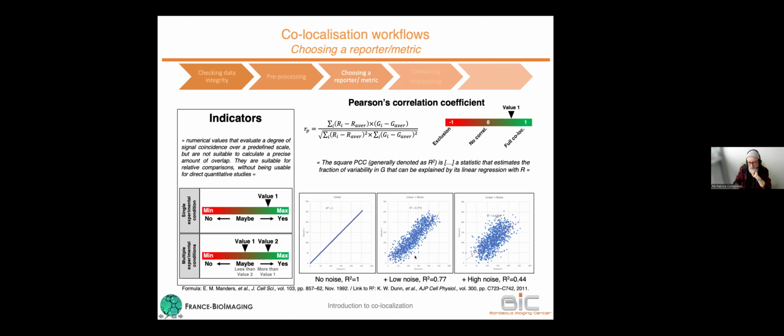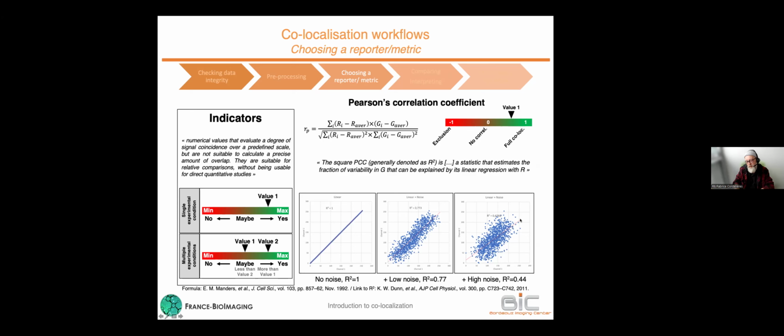If you've got a spread, and the more spread you have, the less the value of the correlation coefficient will progressively drop. But you see that even though the coefficient is dropping, there is still a structure within this cloud.